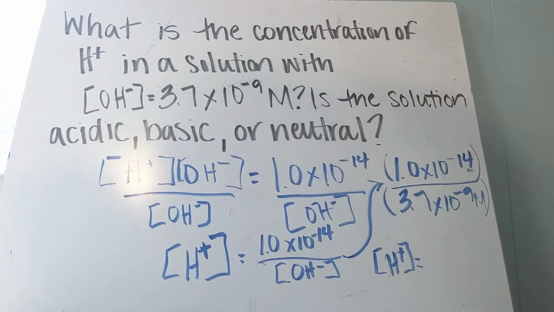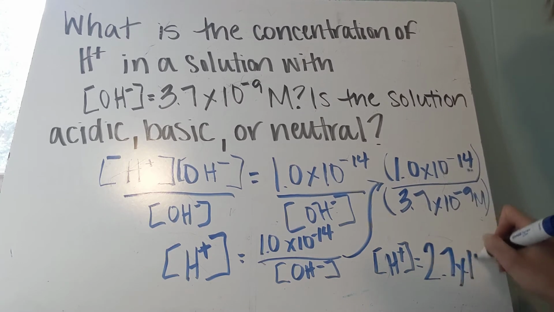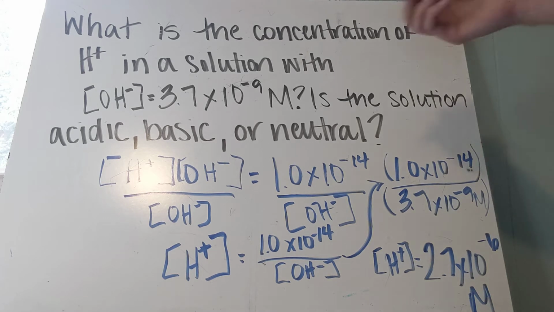All right, and I get 2.7 times 10 to the negative 6th molar. Okay, so we've gotten the concentration of H plus, but we haven't answered the question: is the solution acidic, basic, or neutral?